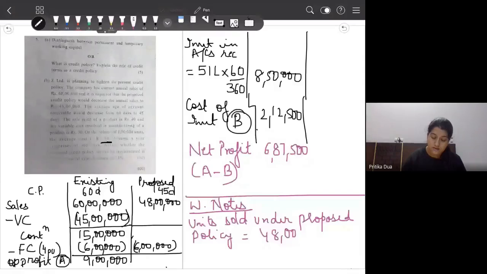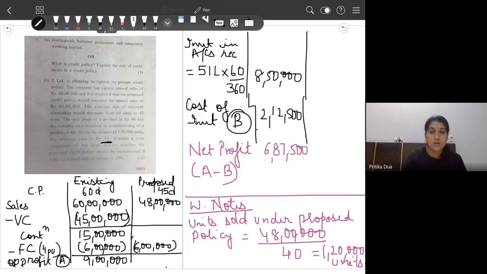So 48 lakh is the total sales. 40 rupees is the selling price per unit. So that gives you 1,20,000 units sold under proposed policy. Now please complete the remaining steps.